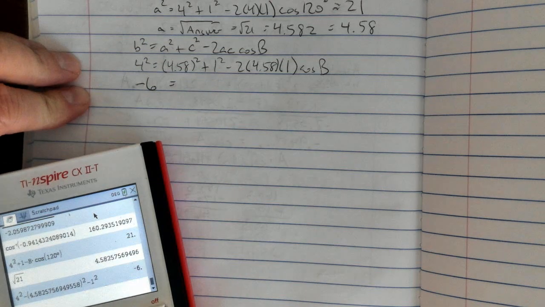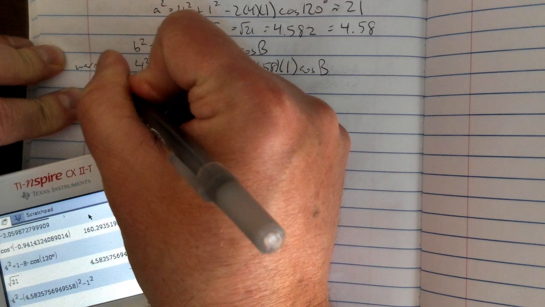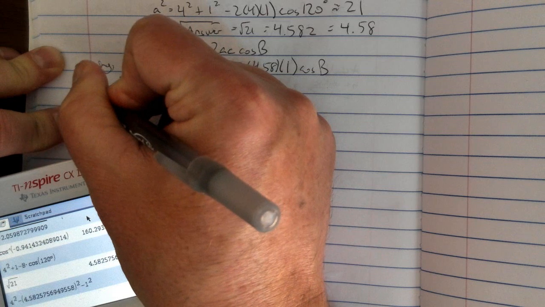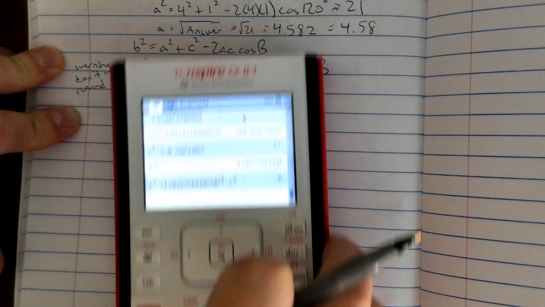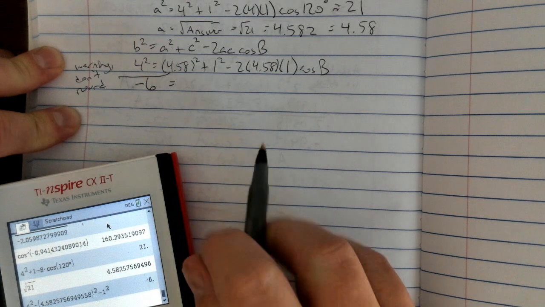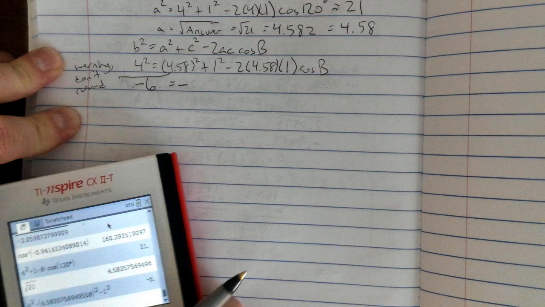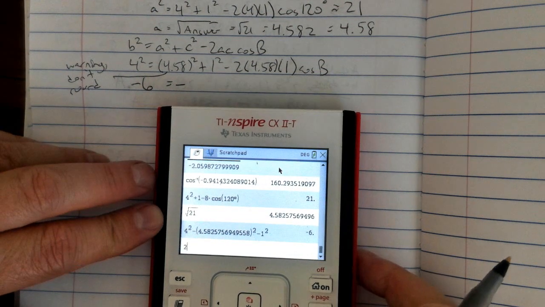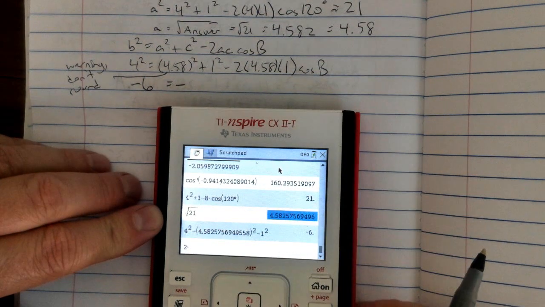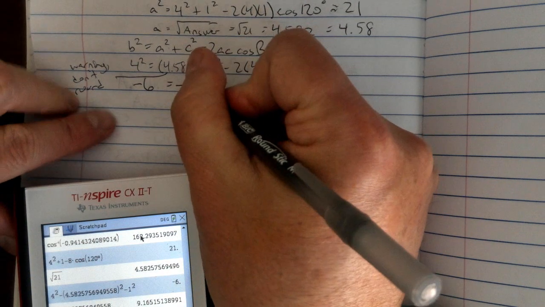So, again, warning, don't round. Again, I highlighted it. Okay, and then this will be negative, and then 2 times that number is 9.165.